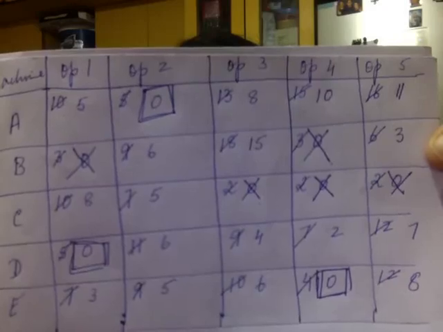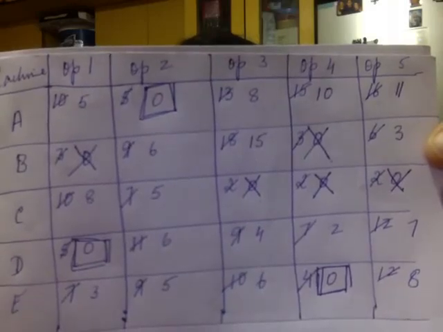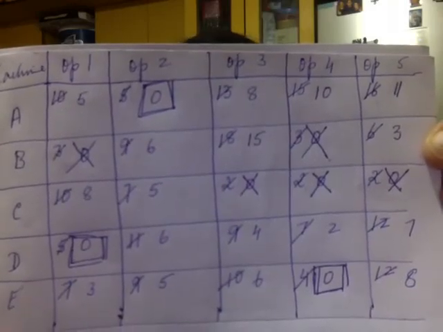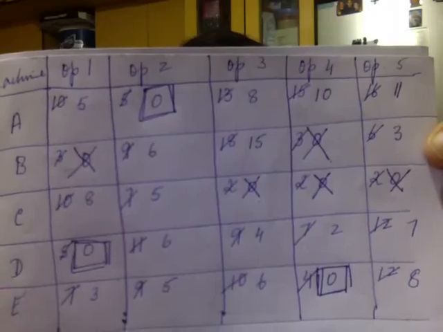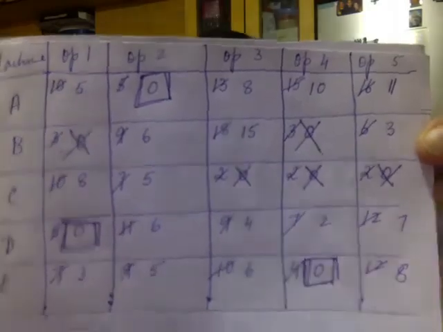Now, in the C row, you allocate the first zero and put a cross for the other zeros. So it was a C1, you might as well allocate. Wait, sorry guys. Actually, we shouldn't, but the book has done it so.